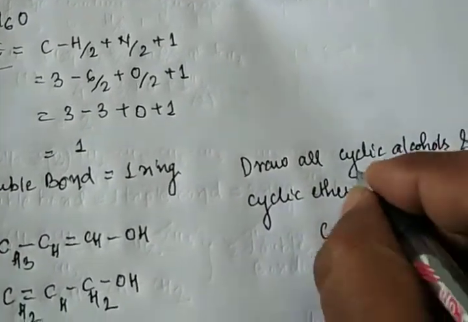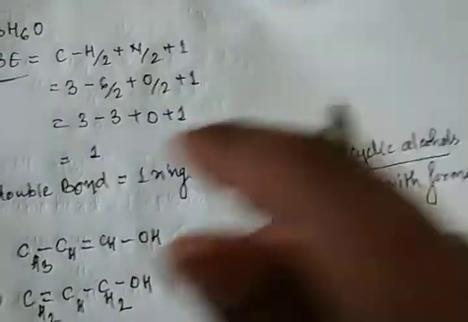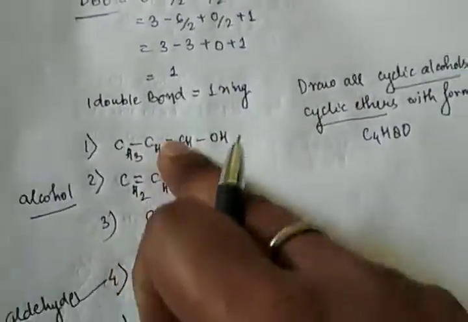Just only write cyclic structures, cyclic alcohol and cyclic ether, not this type of structure.